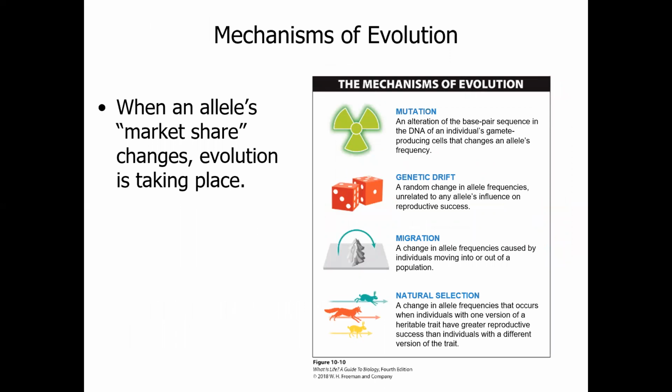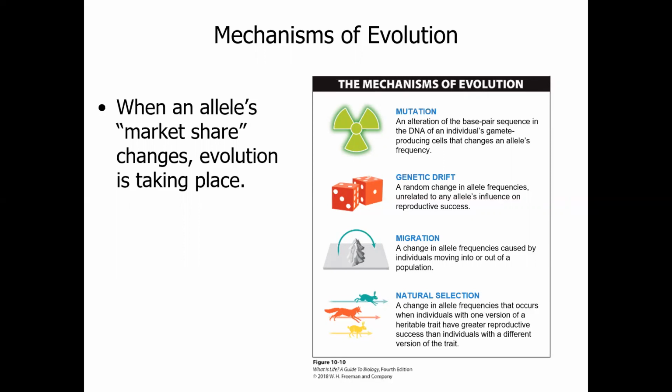Okay, so now we are moving on to the mechanisms of evolution. So 4 different mechanisms of evolution we have. They are mutation, genetic drift, migration, and natural selection. And your book describes these mechanisms occurring when what's referred to as the market share of an allele changes.